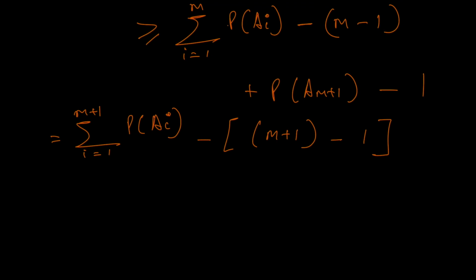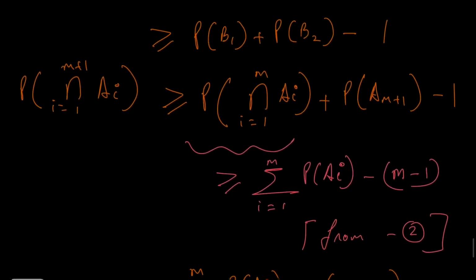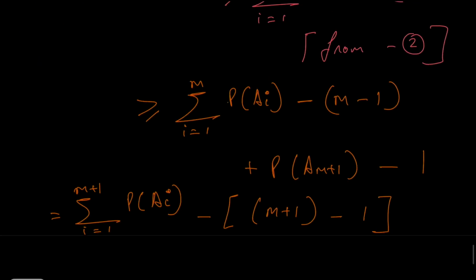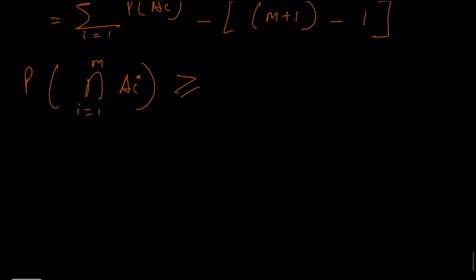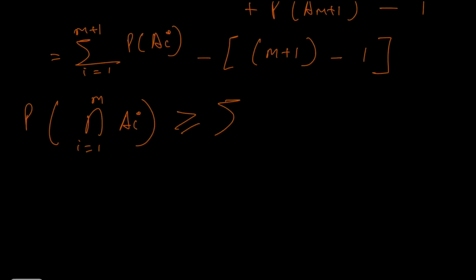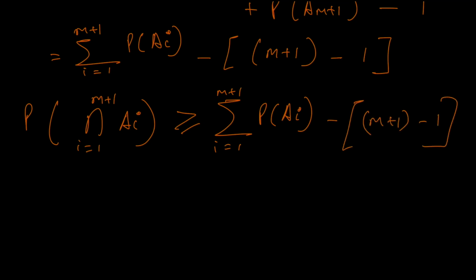So what it ultimately becomes is P of intersection i equal to 1 to m plus 1 of Ai is greater than or equal to summation i equal to 1 to m plus 1 of P of Ai minus m plus 1 minus 1.